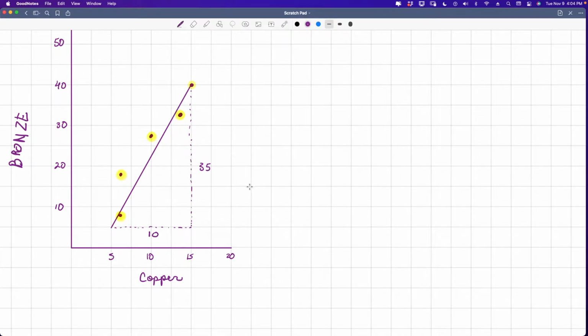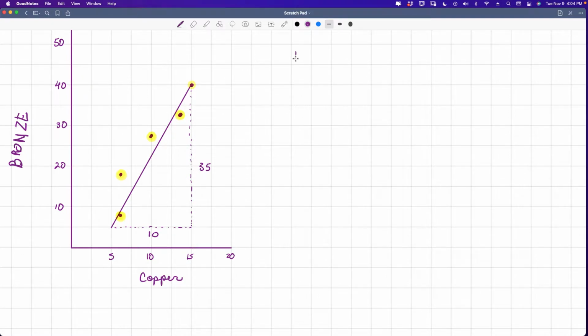All right, so how do we turn this into a linear equation that represents our bronze and our copper? So first, the bronze is graphed vertically and the copper is graphed horizontally, so in the equation we will replace the y with bronze and the x with copper.